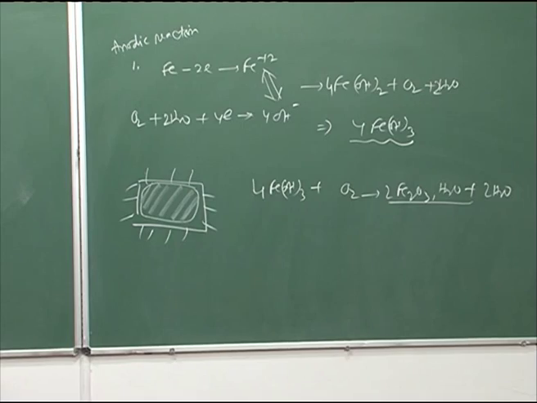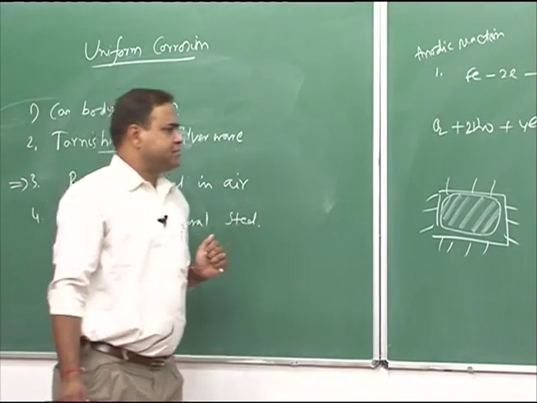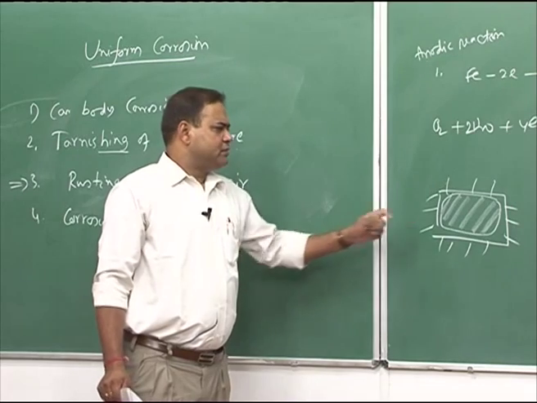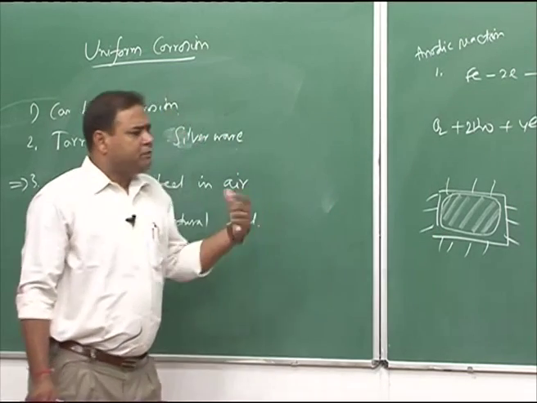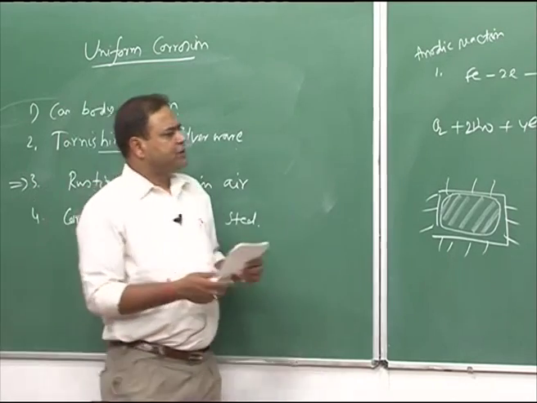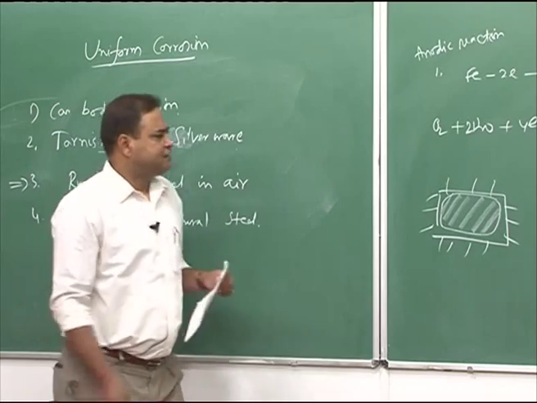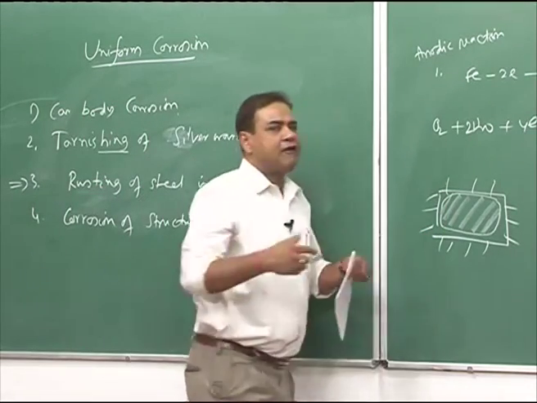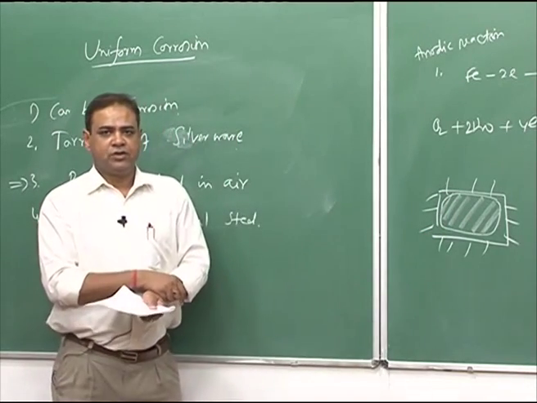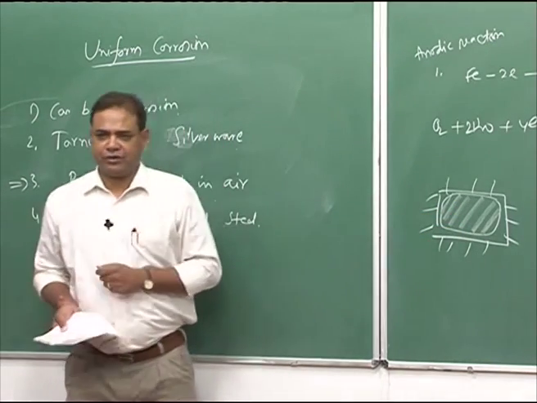Now, how to avoid this particular corrosion? This is a very general corrosion phenomenon, and since you cannot avoid corrosion, one sort of protection is that in the beginning, instead of having the exact dimension, we have a little extra material in it. That extra material will take care of the material loss due to uniform corrosion.